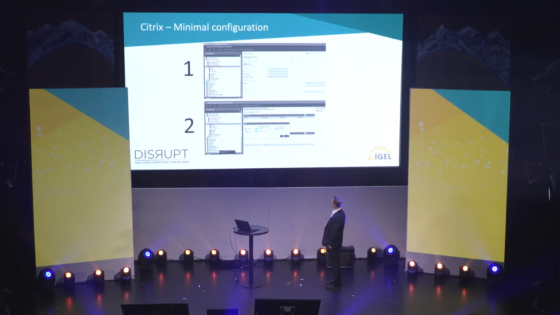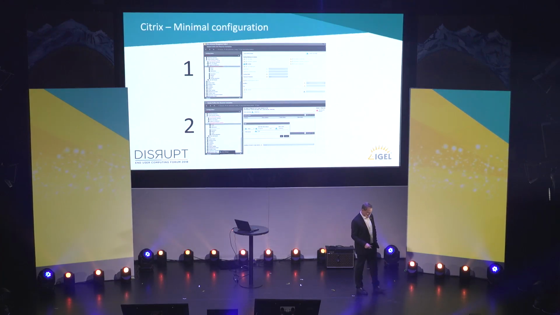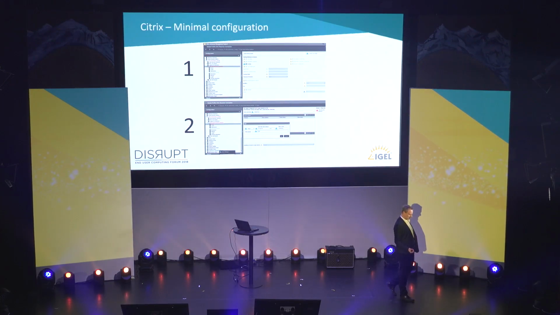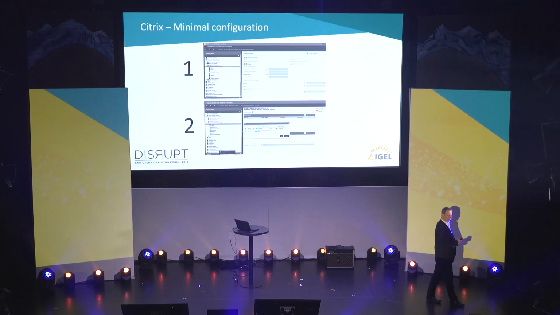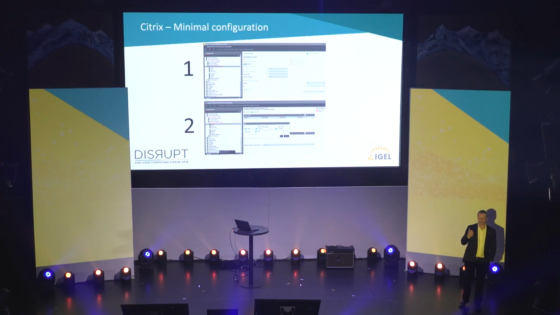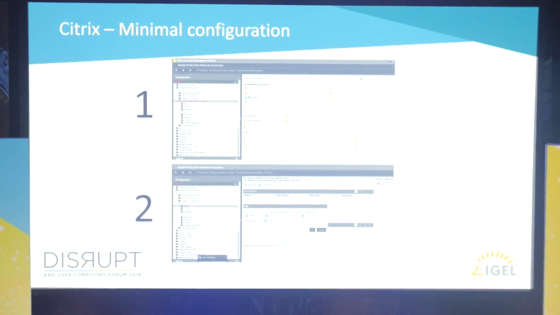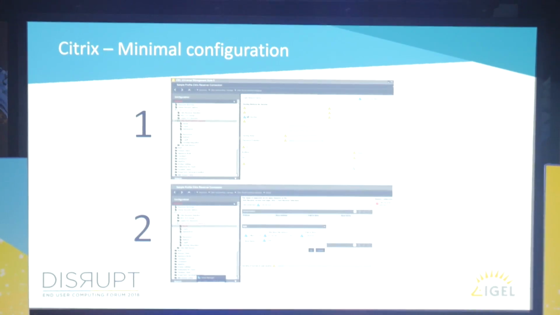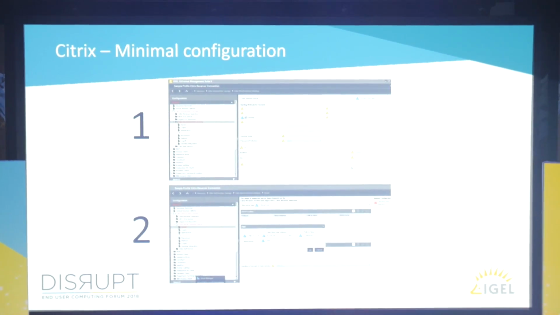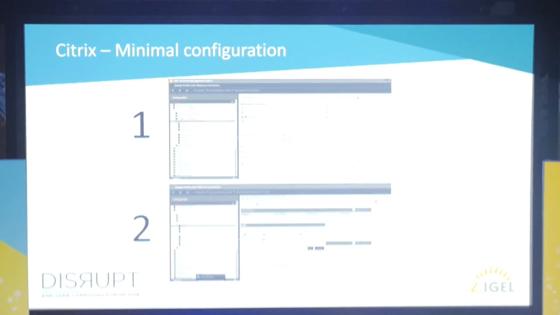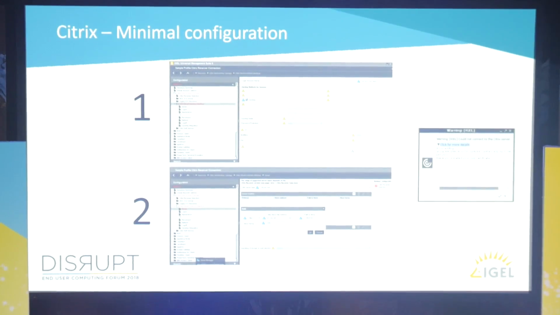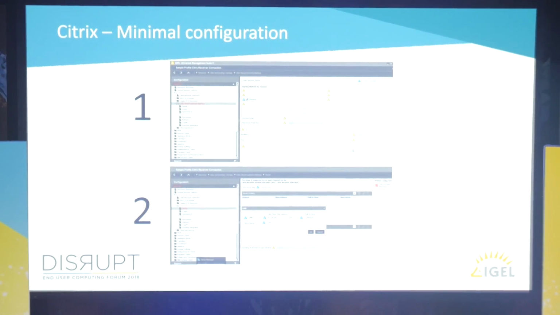Number two, you need to specify where your storefront server is. You need to know the fully qualified domain name of the storefront, and you need to know the path on the storefront web services, the path to the store.